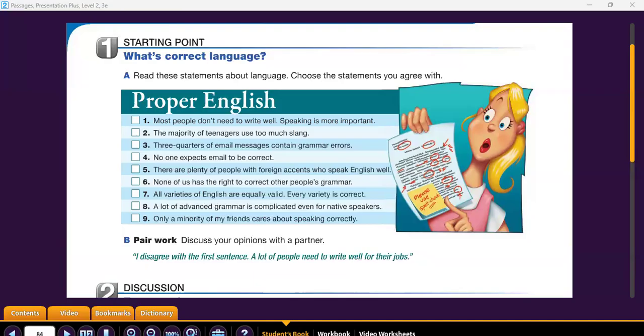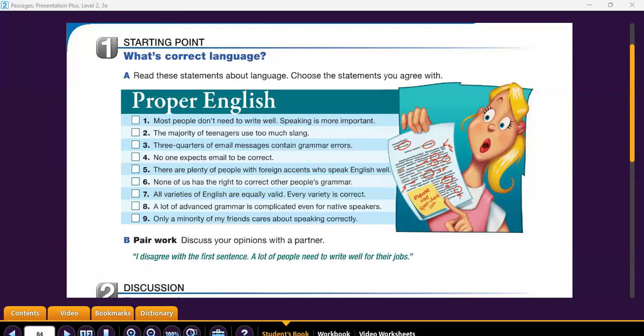Okay, and 9. The majority of my friends care about speaking correctly. Disagree. I think my friends care about it. They care about that. Okay. Yeah, my friends too.